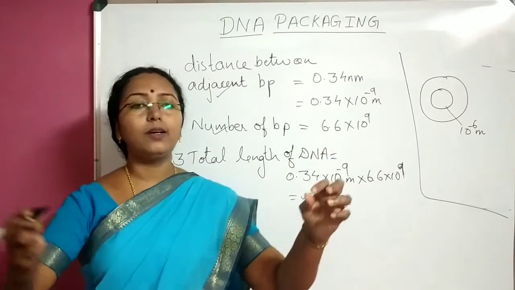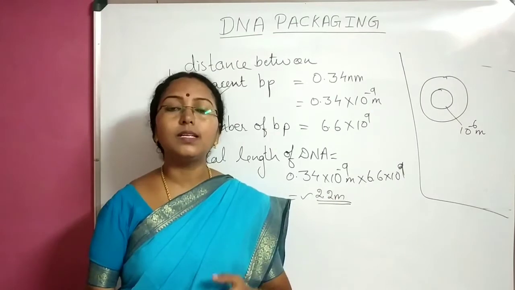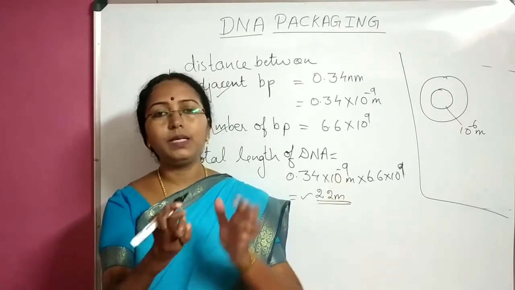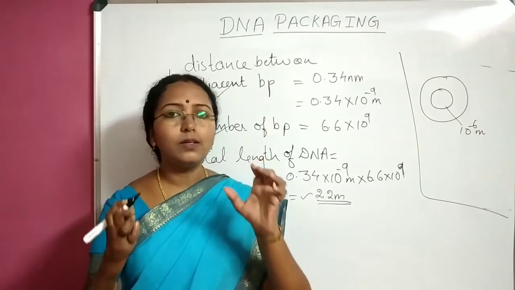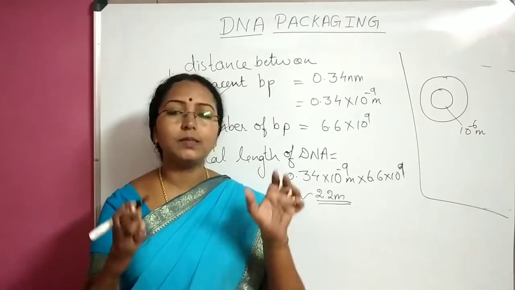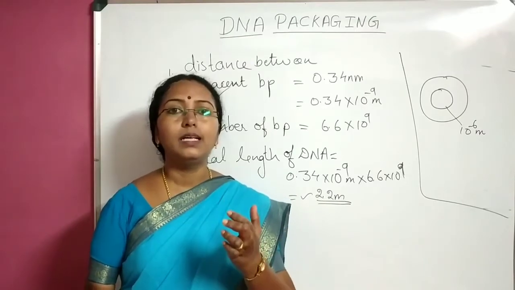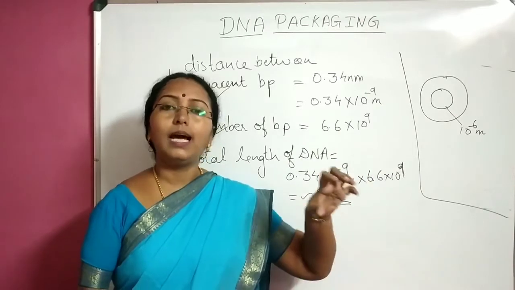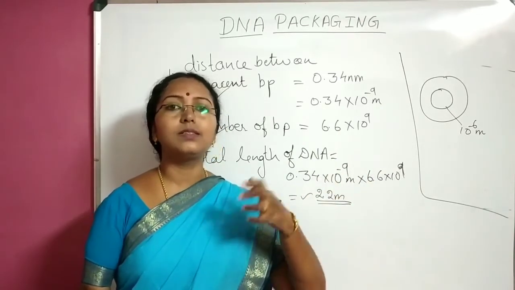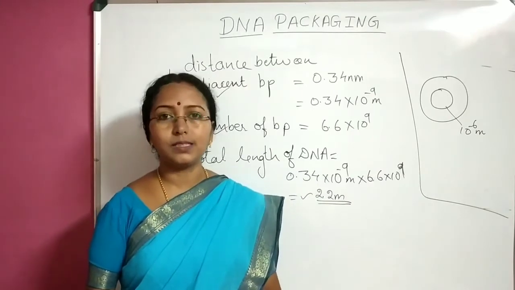Our DNA cannot be simply packaged like that and kept, because DNA is our genetic material. If it is simply kept like that, it will not be able to function properly. It cannot give the cell the proper information at the proper time. So there is some way this DNA is packaged inside this very small nucleus, and staying there inside the nucleus it is able to give information for the cell to carry out its functions.